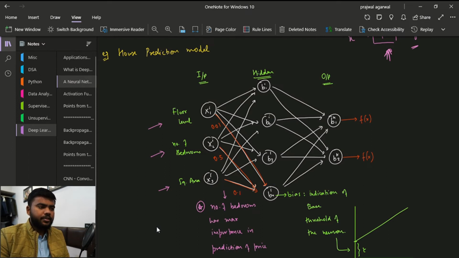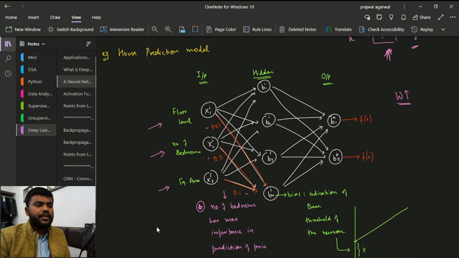The sample weights are 0.01, 0.5 and 0.1. Now, the more the weight of a connection is, the more important that connection has a role to play in the determination of, basically, prediction.